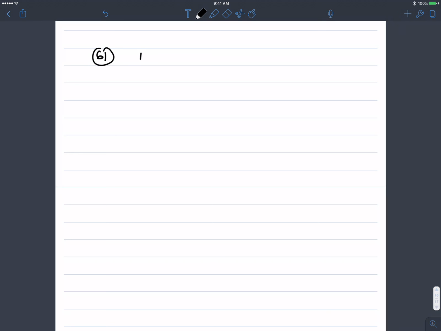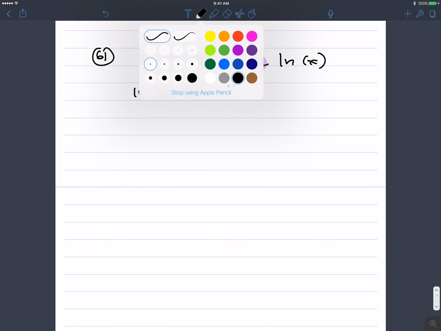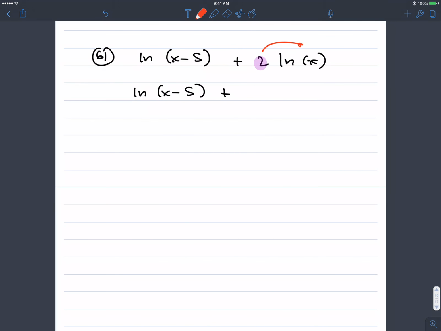Number 61. Natural log of x minus 5 plus 2 natural log of x. We're going to have to notice first that I have here a constant. So if I'm going to write as a single log, I'm using my properties in reverse, meaning that constant now I can put back up in here as a power.